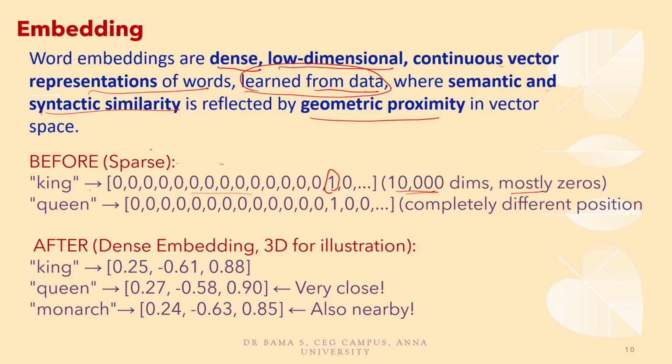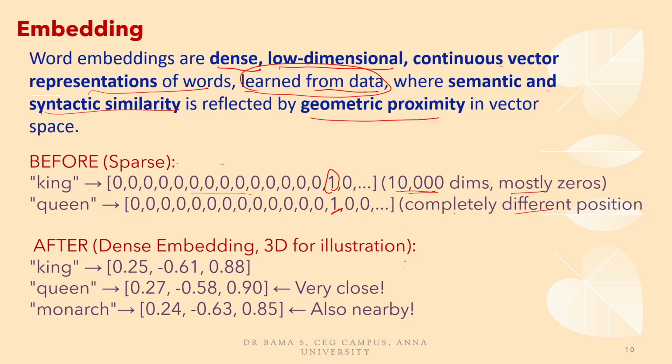With queen, similarly, at one place it is 1 and all the other places are 0. And if you see, it is a completely different position. Though these two are related, if you take the geometric proximity, it is different.